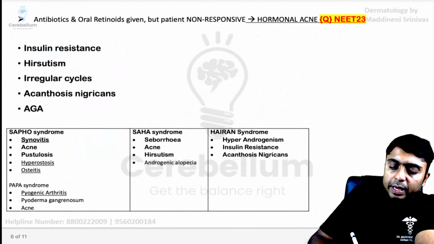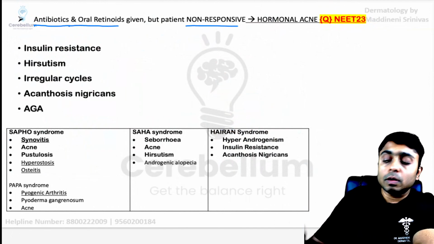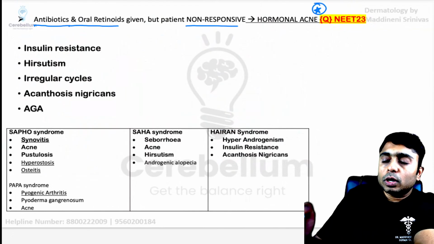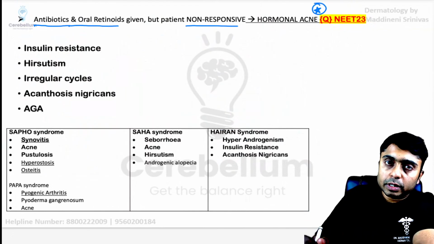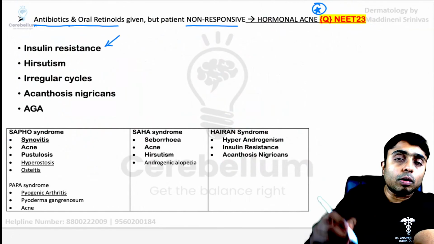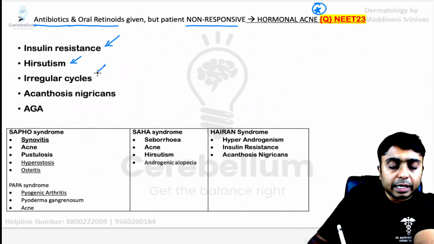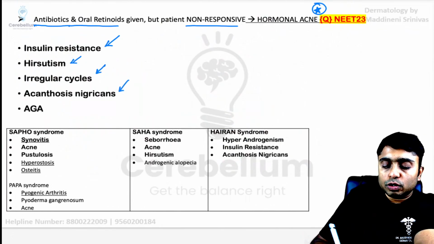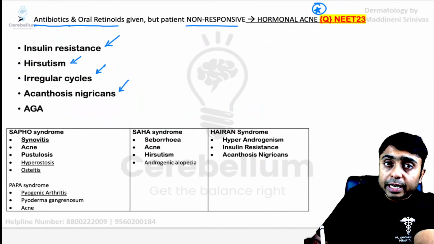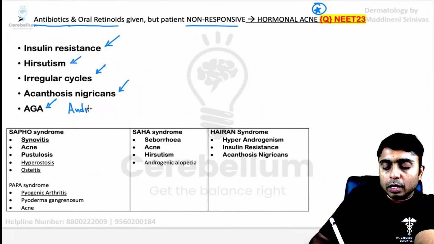So remember, if the question mentions antibiotics and oral retinoids were used but the patient is non-responsive, then hormonal acne is the diagnosis which you must think about, and these are all the pointers which can tell you that it is hormonal acne: the insulin resistance, the hirsutism, the irregular menstrual cycles, and the presence of the velvety textured skin over the folds, which is acanthosis nigricans, and the AGA, which is androgenetic alopecia.